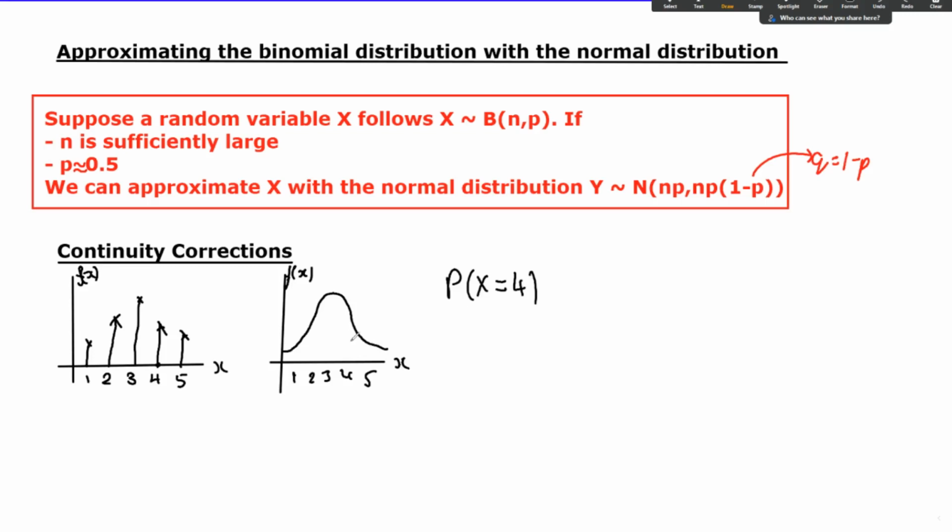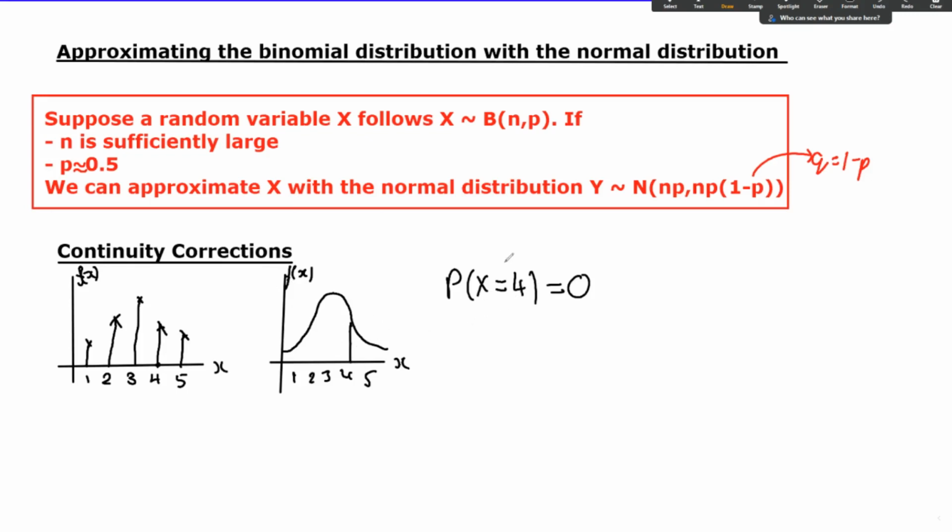So X = 4 is just this sliver here, and a line doesn't actually have any area, so it would give you 0. You might be wondering how we can figure out what X = 4 is, because it works in discrete, but with normal it is completely different and it equals 0 every time.